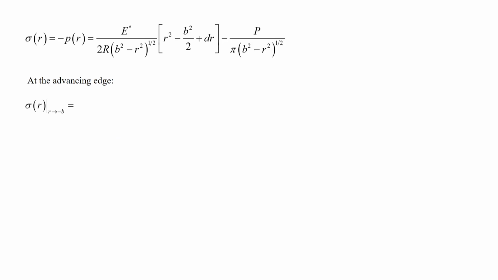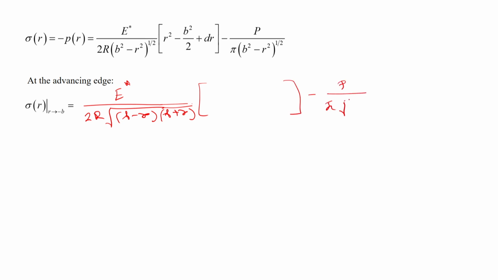And now, the advancing edge also we can write. Here I will write it again with E star, this is 2R, and here b minus r into b plus r, and p by pi into square root of b minus r into b plus r.